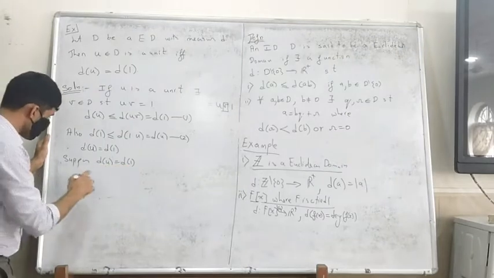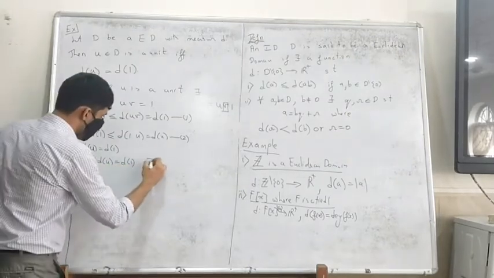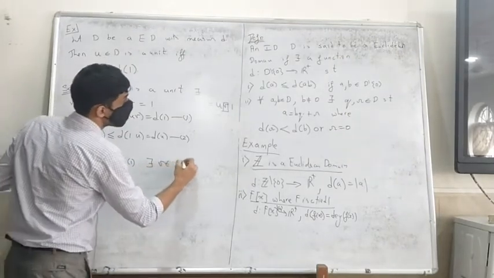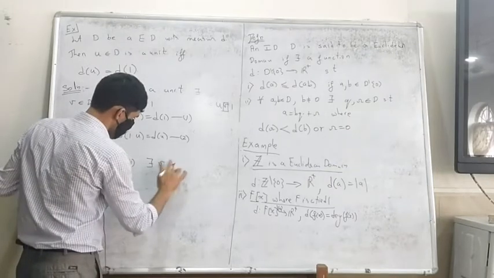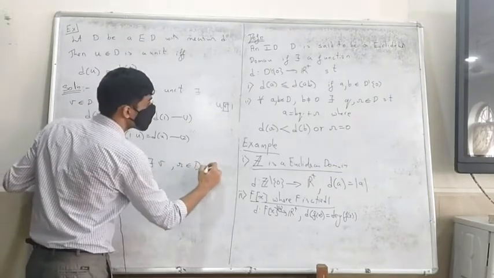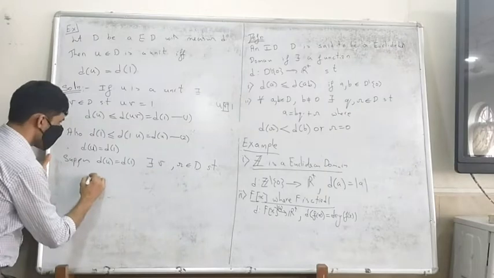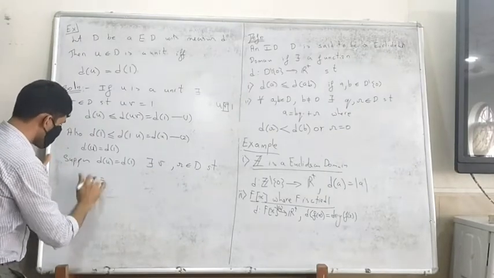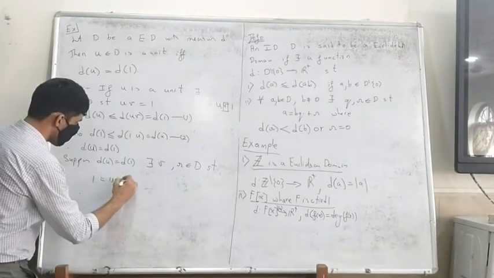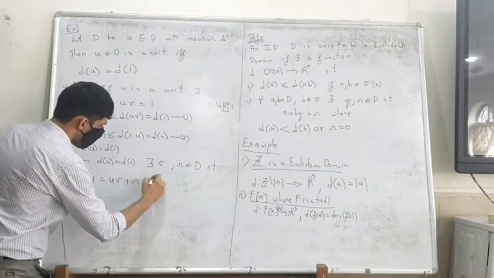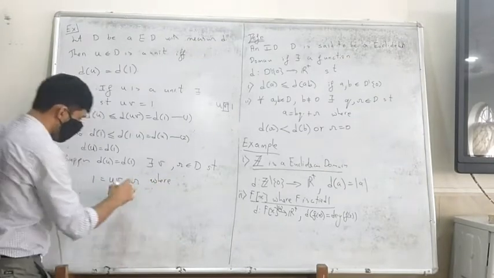So suppose this happens, there exists v, r in D such that 1 is equal to u times v plus r, where what?